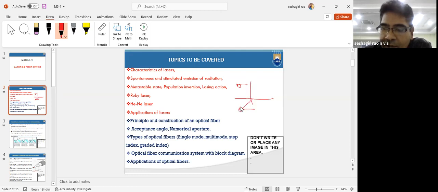When a ray of light is traveling from denser medium to rarer medium, it reflects back into the same medium. So this phenomenon of reflection of light back into the same medium is called total internal reflection. I will show you some points behind that.